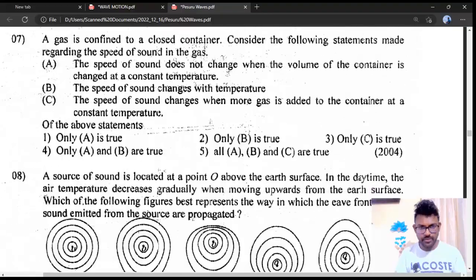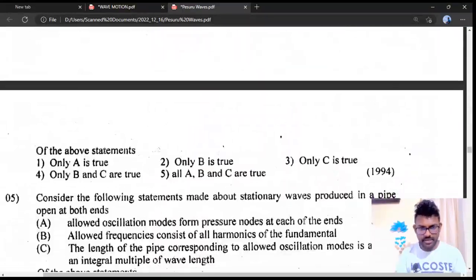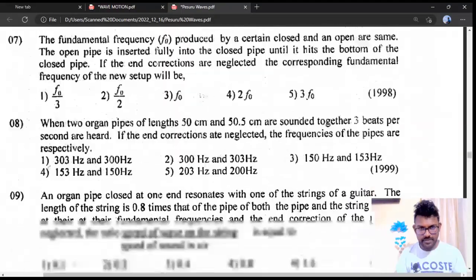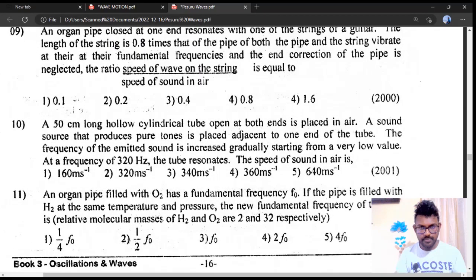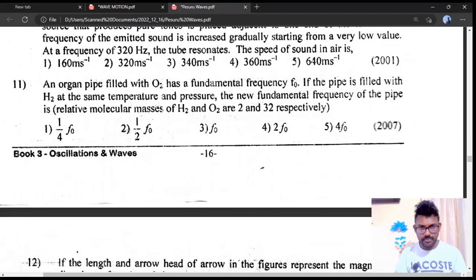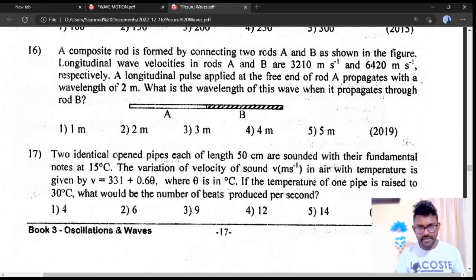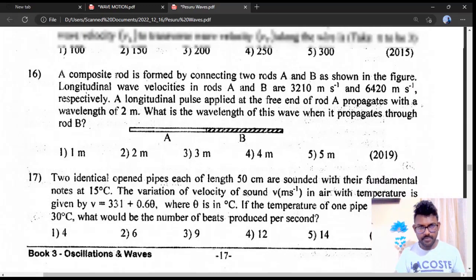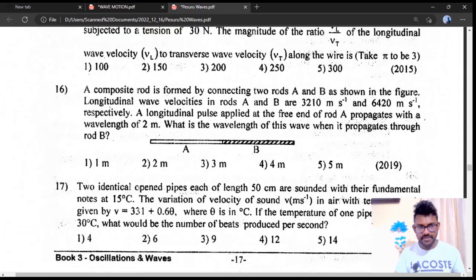We'll go to something called longitudinal waves, and for this we're going to try the 16th question. You can try the 16th question.